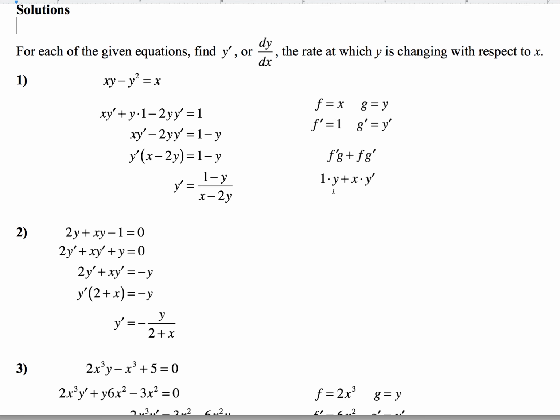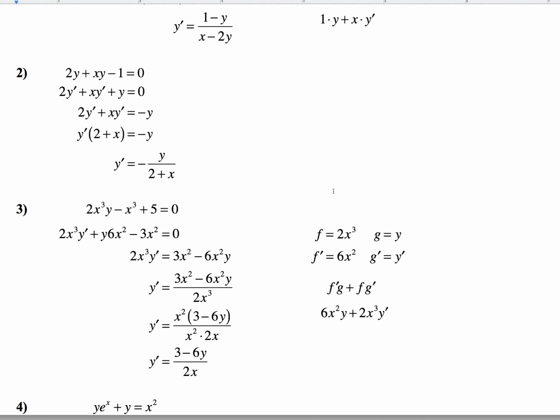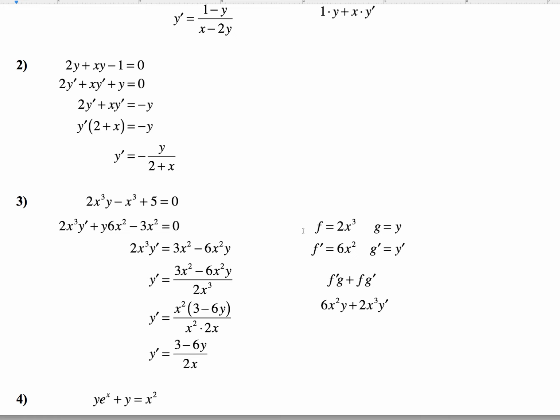And so for each of these, if there's a product, then I showed you which is the f, which in this case, number 3 here, is 2x cubed, and what's the g, which is y. And that makes this the f prime and this the g prime. And following this order, these are the terms. Using the order that's in the book, you get them a little differently, but that's why they're out of order.